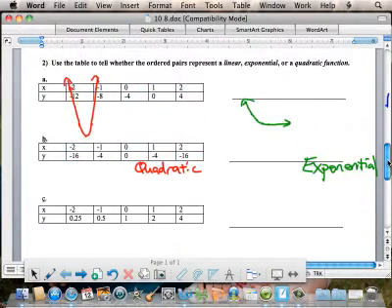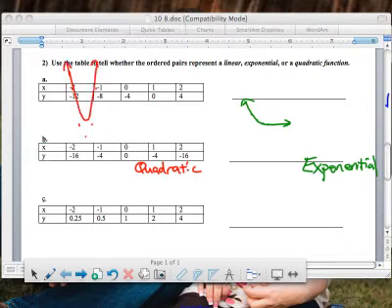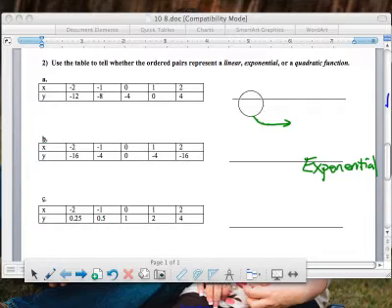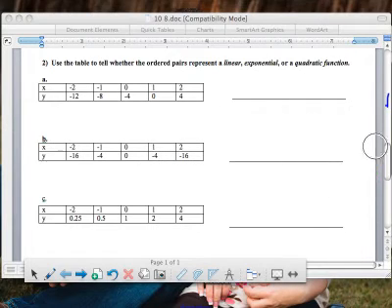All right, so now the next thing that we're going to look at is how to determine whether or not something is exponential, linear, or quadratic based on the table of values that we're given. So as we look at part A here, the first thing to note is that the x values all increase by 1 each time.